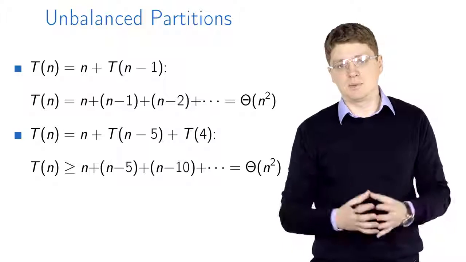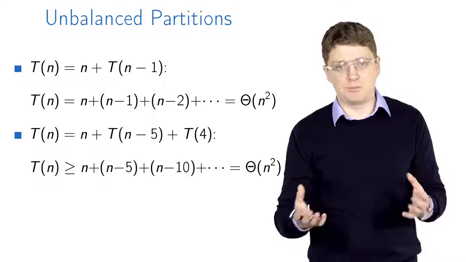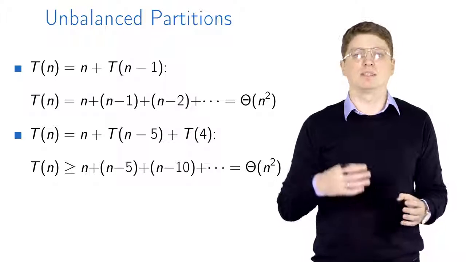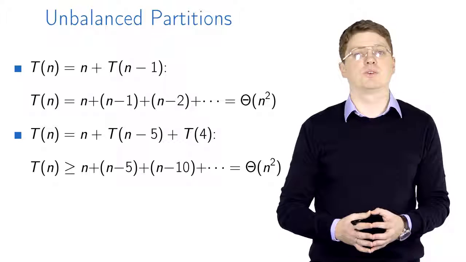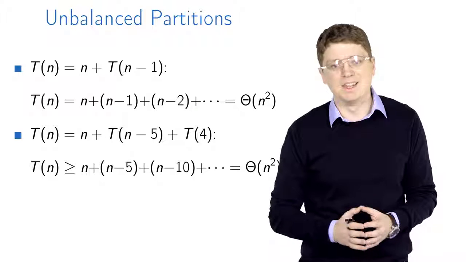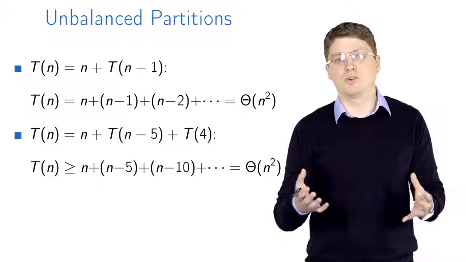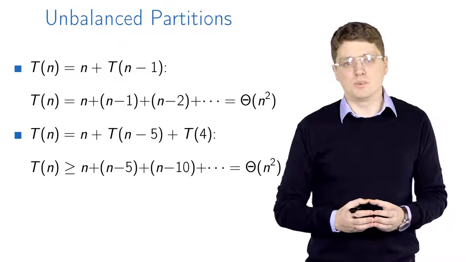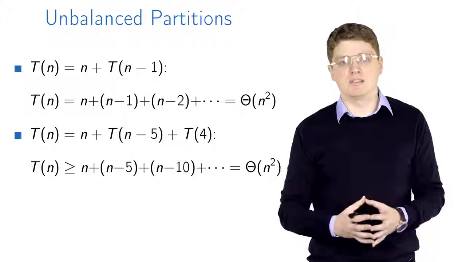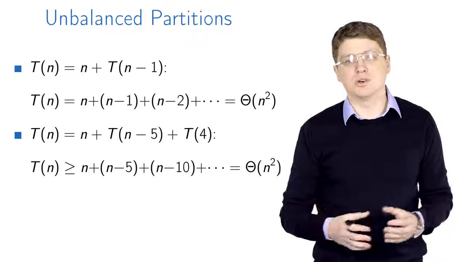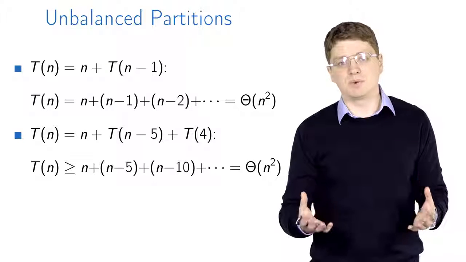Let's replace T of n minus 5 with n minus 5 plus T of n minus 10. Let's then replace T of n minus 10 with n minus 10 plus T of n minus 15 and so on. So this leaves us with the following sum: n plus n minus 5 plus n minus 10 and so on. And this is also an arithmetic progression.